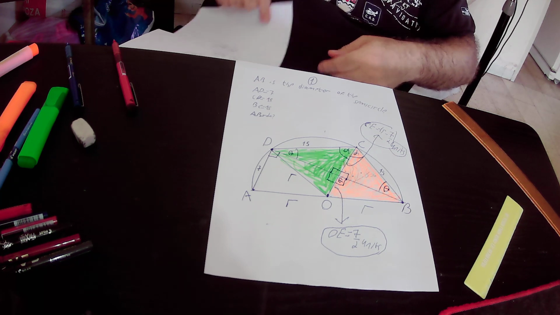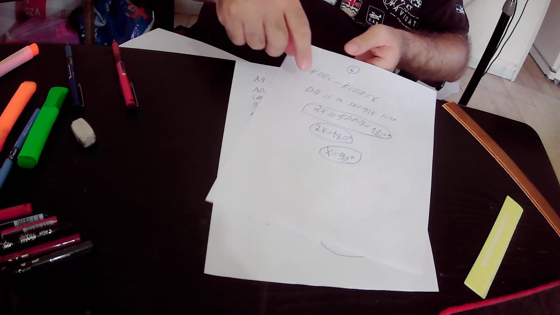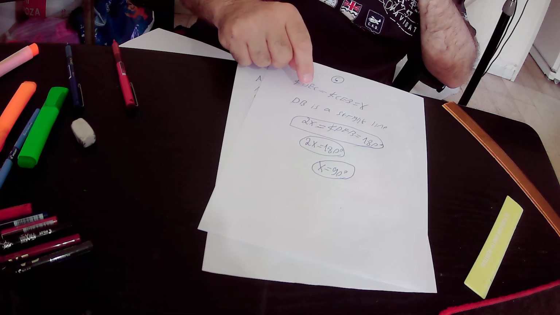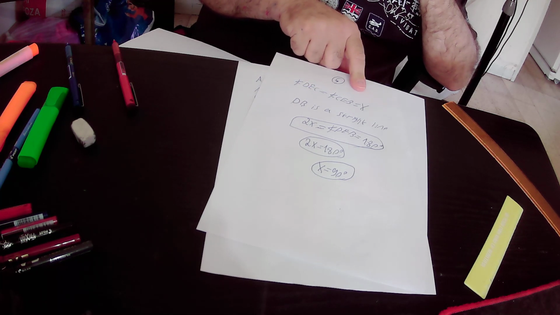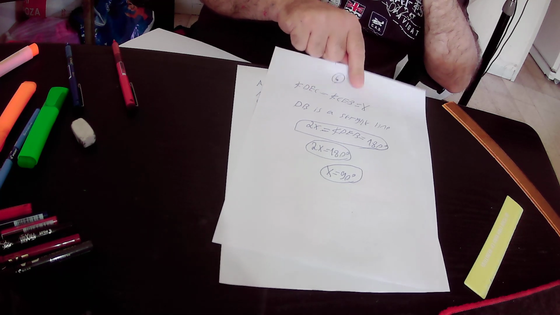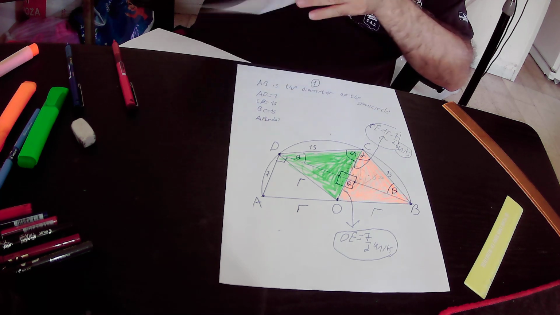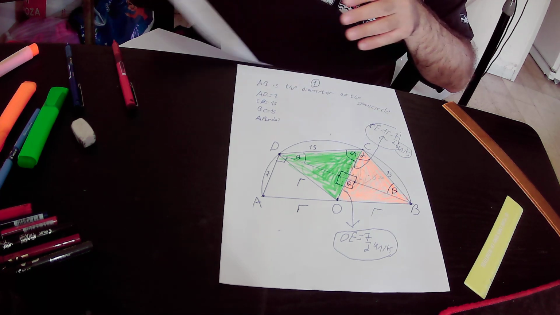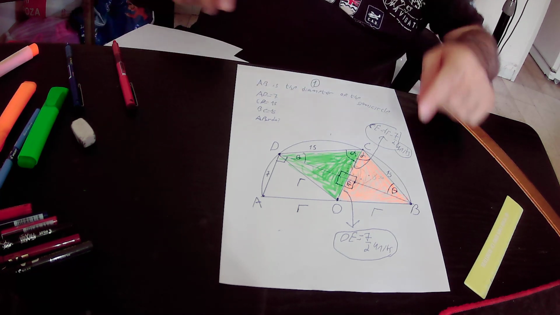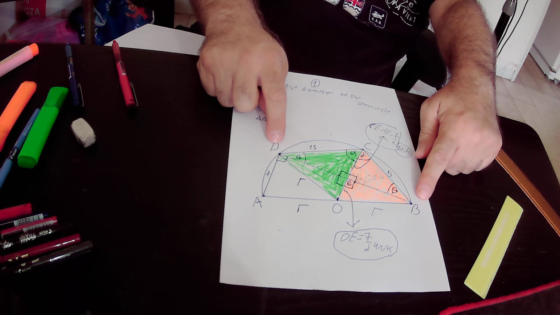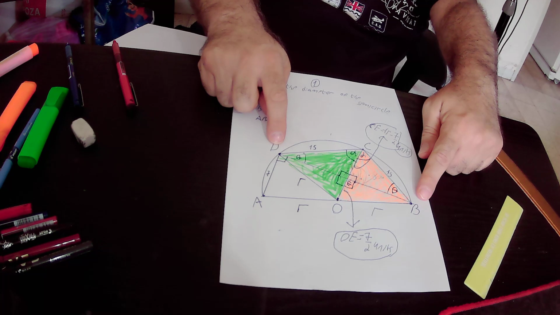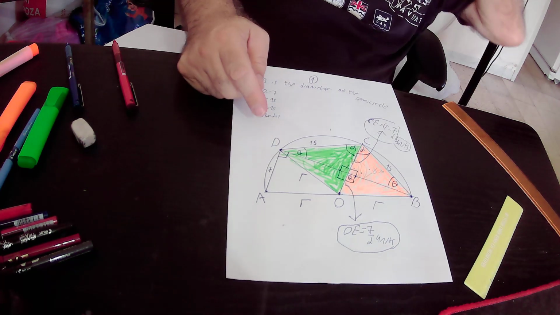Okay, and if we define one angle as x, then the other angle will also equal x. Okay? And then we know that DB is a straight line because we constructed DB, we connected points D and B by a straight line, so DB is a straight line.